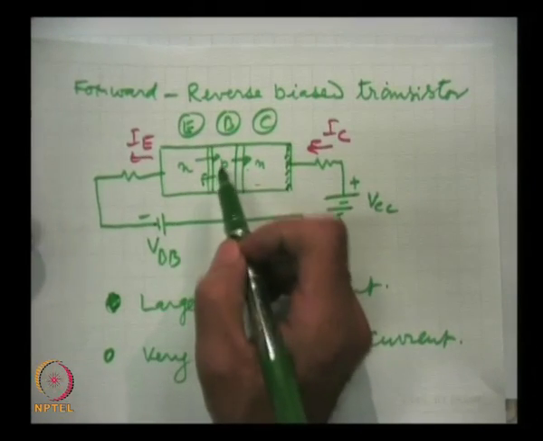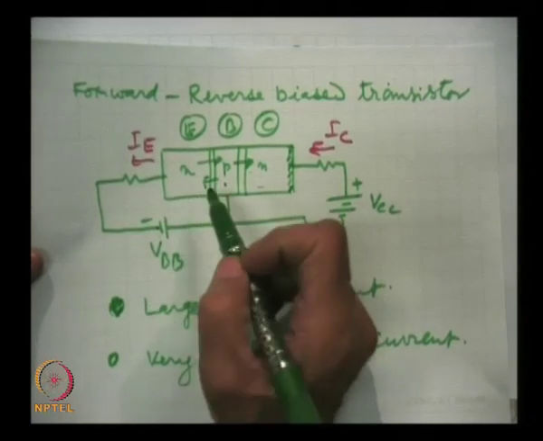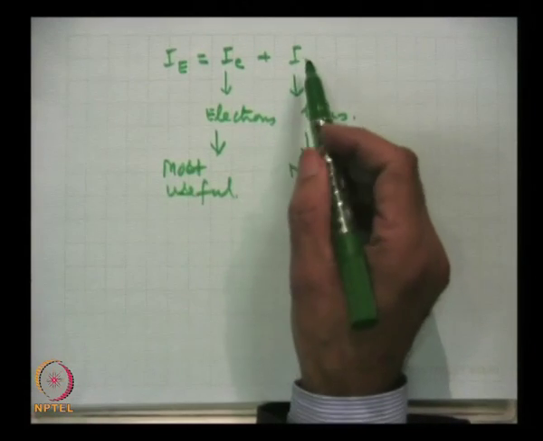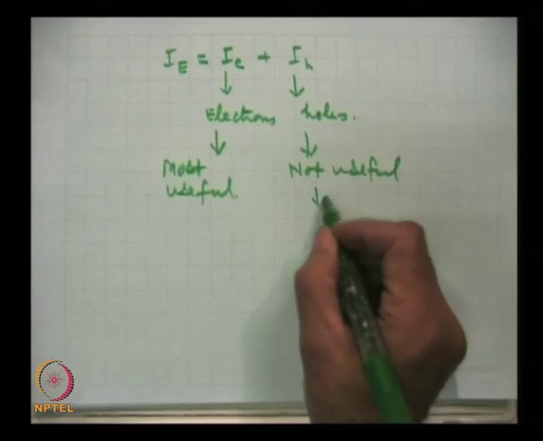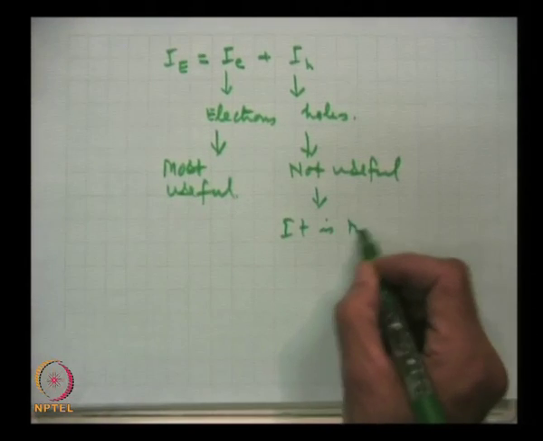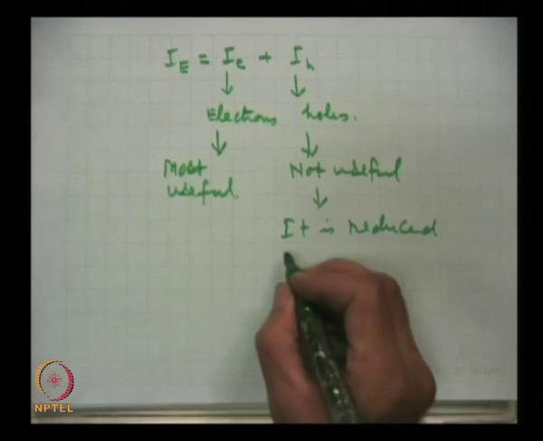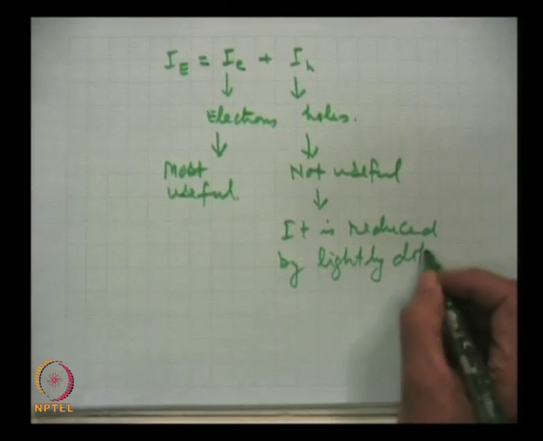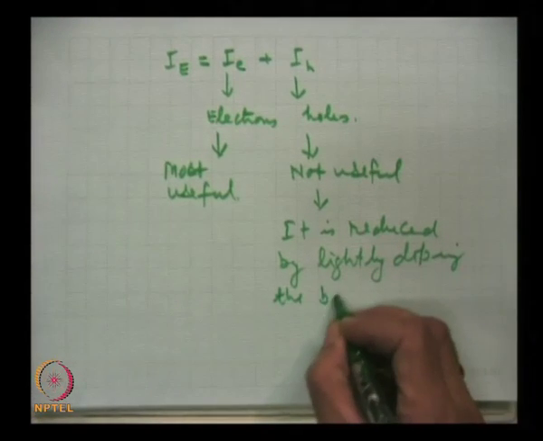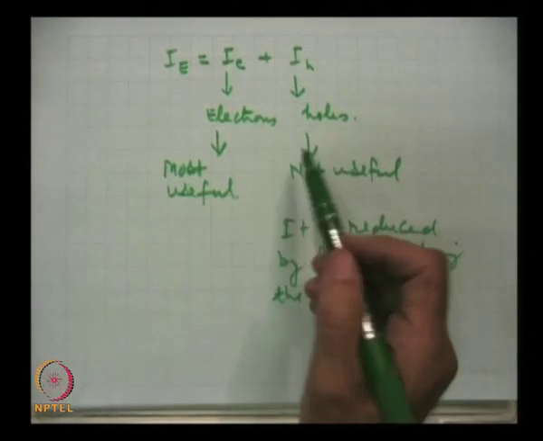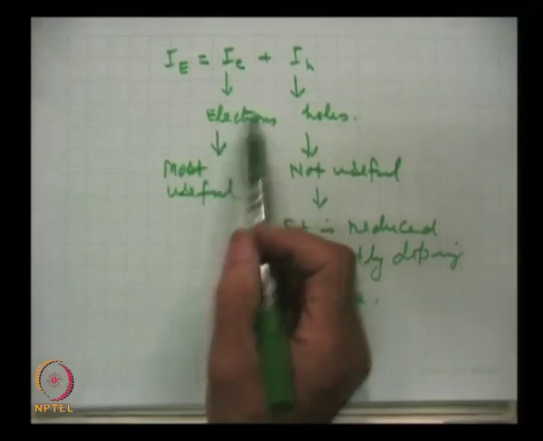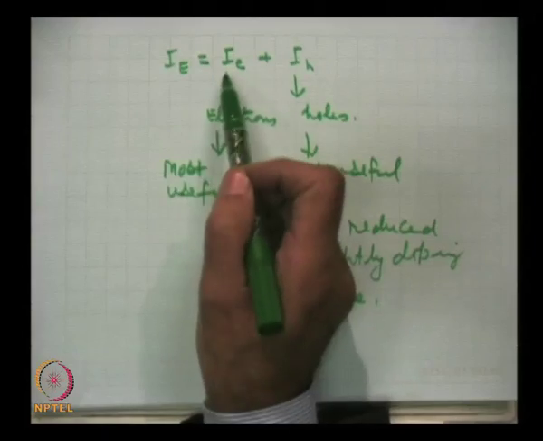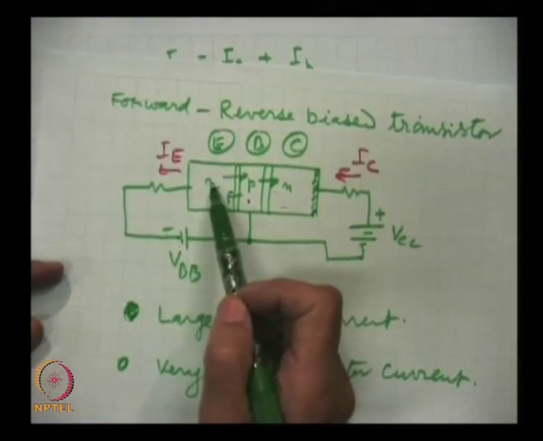So, it is a necessity that some hole component of current will be there, but it is reduced heavily by lightly doping the base, because this is not useful in the NPN transistor, and the electrons are most useful, and we make this contribution large by making the emitter heavily doped.